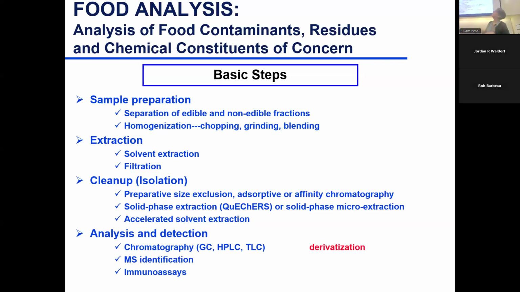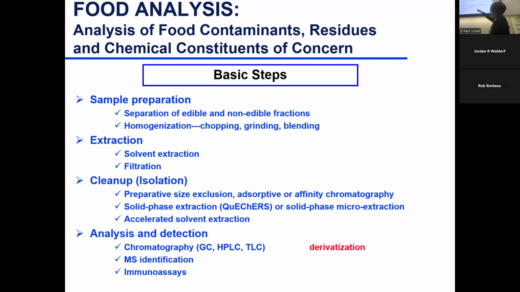And then you do the accelerated solvent extraction. If you remember, that was mentioned and explained in the food analysis chapter, where we said we use a solvent under increased pressure and temperature so that we can have more efficient extraction before the solvent is evaporated. So we enhance extraction at higher temperature while maintaining that solvent.